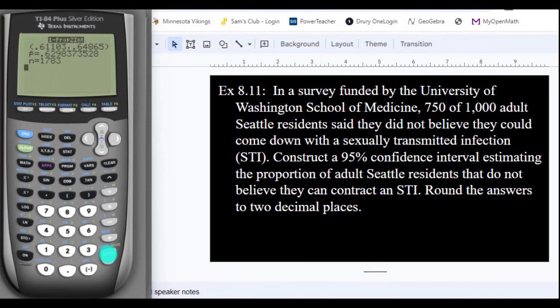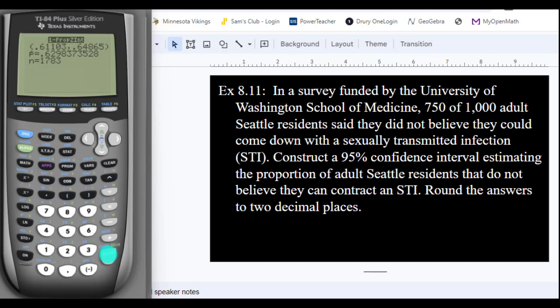Example 8.11: in a survey funded by the University of Washington School of Medicine, 750 out of 1,000 adult Seattle residents say that they did not believe they could come down with a sexually transmitted infection, an STI. Construct a 95% confidence interval estimating the proportion of adult Seattle residents that do not believe that they can contract an STI, and then round your answer to 2 decimal places.